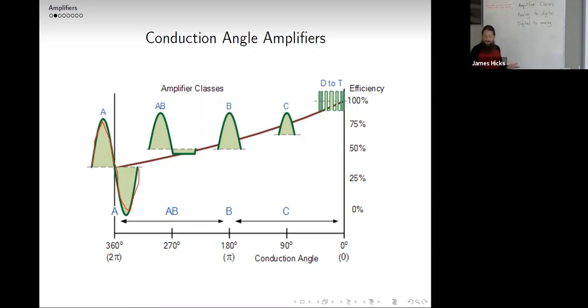They're not on as long, so they're dissipating less heat. Then up in the right corner are all of the switching amplifiers. Those can get really high efficiencies if you're willing to deal with essentially a digitized signal.